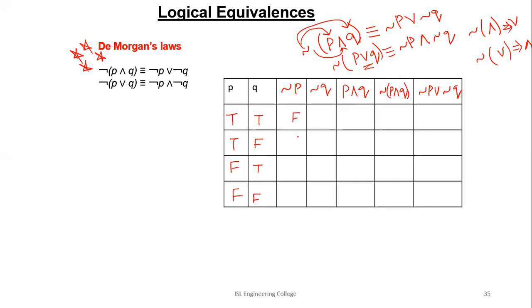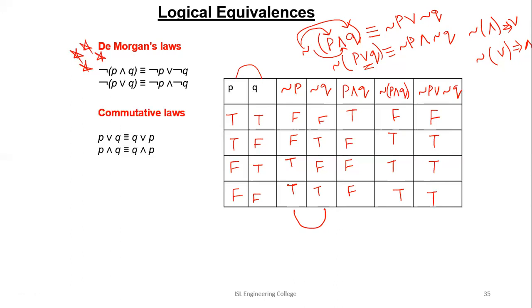Negation P will be false, true, false, true. Now we perform AND on these two columns. So AND will be true and then all false, because AND is true only when both of them are true. Now we apply negation to this column. After that, we perform OR on these two columns. For that, it will be false because both of them are false. The rest will all be true.